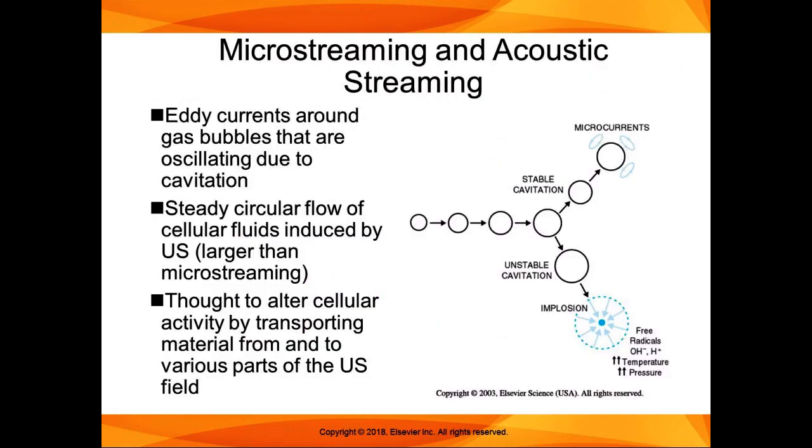So microstreaming and acoustic streaming, those are eddy currents that are around the little gas bubbles that are oscillating due to that cavitation, which is the expansion and contraction of the little gas bubbles. There's a steady circular flow of cellular fluids that's induced by ultrasound. That's the acoustic streaming. And it's thought to alter cellular activity by transporting material from and to various parts of the ultrasound field.